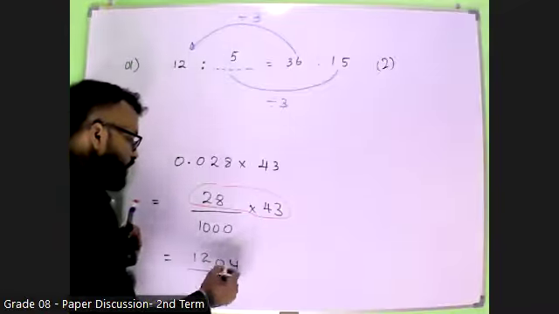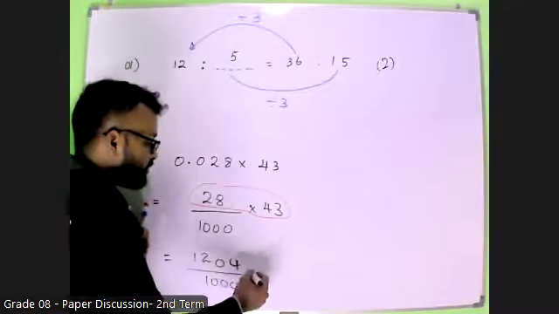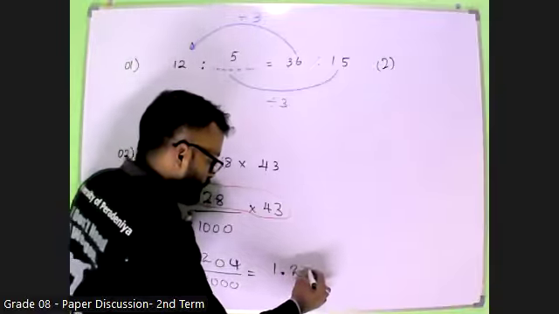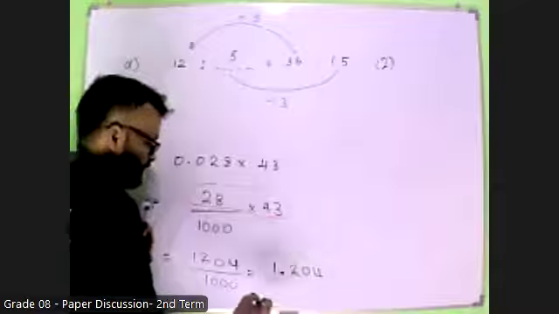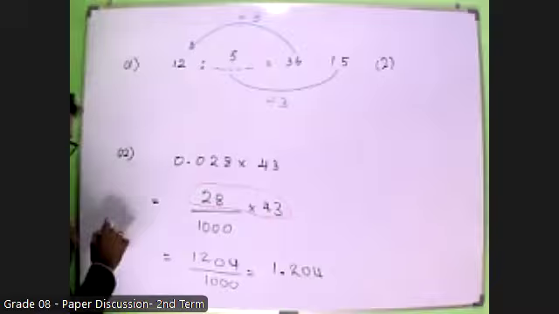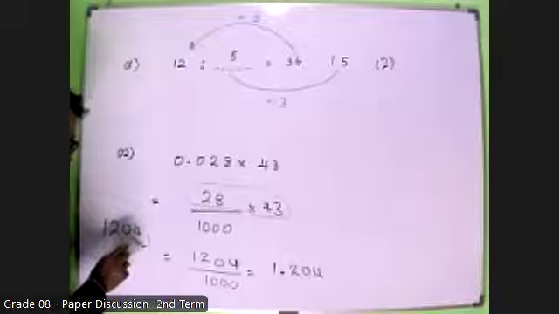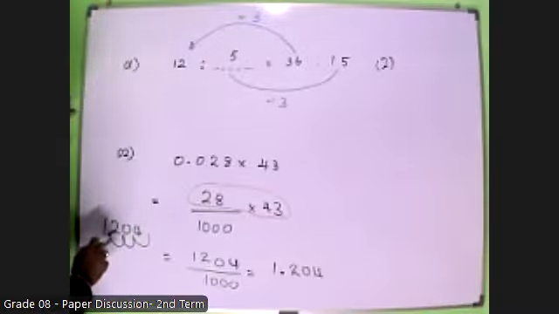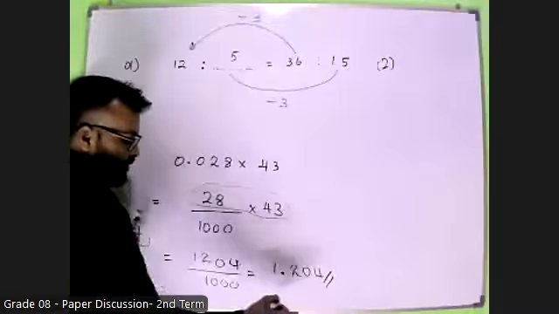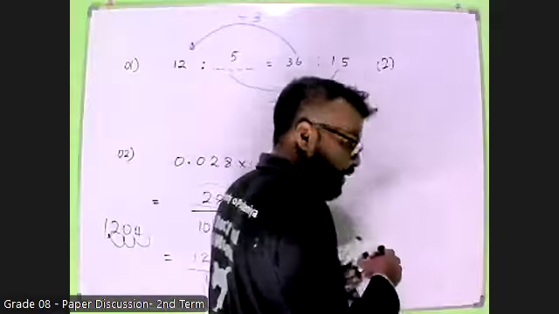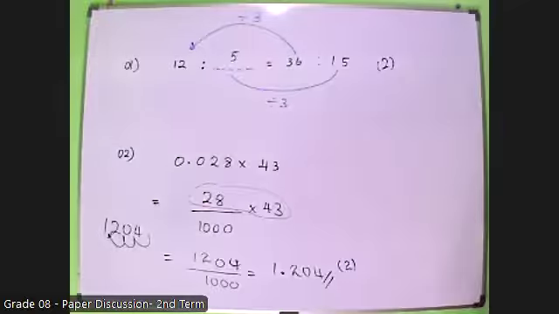So you have to divide 1204 by 1000, which gives 1.204. You have to jump the decimal point: in 1204 the decimal point is at the end, so move it 1, 2, 3 places. If you have this answer, you will get 2 marks. Then let's move to the next.